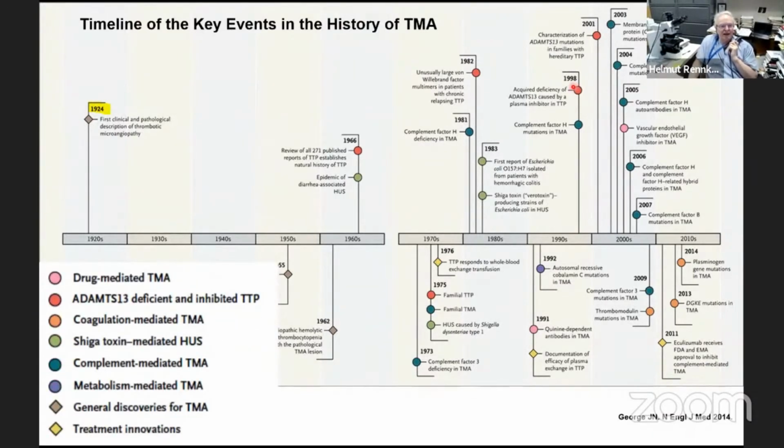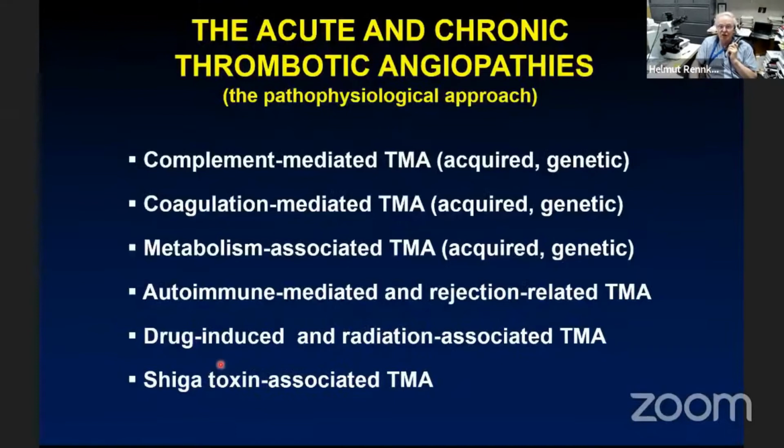And again, here you see the classification that I think is more useful from an etiologic point of view and also from the point of view of the therapy. And therefore, I suggest that, like other people have done, this is not my idea, that we need a pathophysiological approach to the classification and to eventually the treatment.